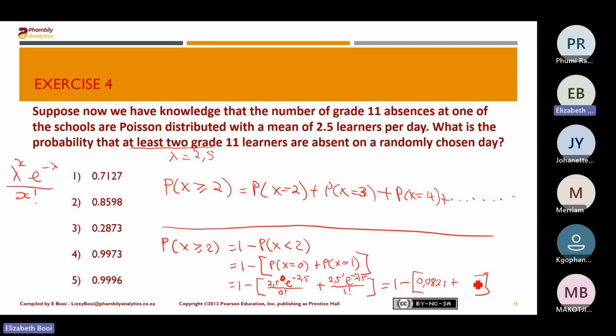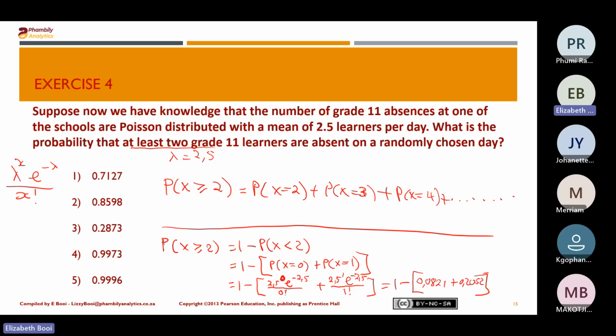I'm going to keep it to four decimals. And we do the same with 1. The answer for 1 is 0.2052.